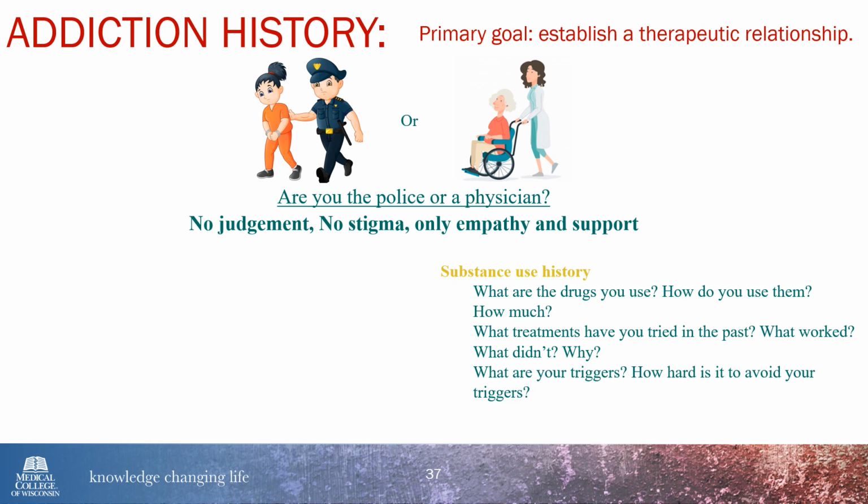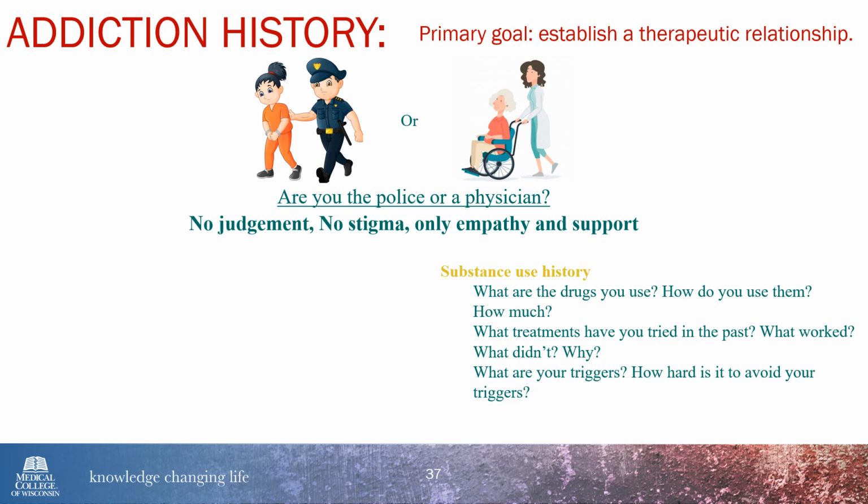Your primary goal is to establish a therapeutic relationship, to tell the person that you care, not to judge them, not to introduce any stigma. Remember, when you're asking questions about substance use, this is an activity that people often feel quite shameful about. So you're not the police, you're a physician, and you're going to provide overwhelming empathy as you ask these questions.